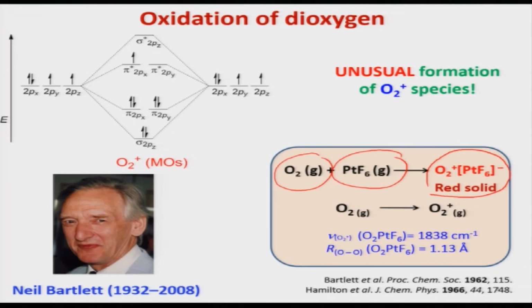The bond order increases, it is dioxygen oxidation. And this has been very clear. The presence of O2 plus is confirmed with the stretching frequency of 1838 centimeter inverse. The distance is 1.13 angstrom. So, all these characteristic features confirm the presence of O2 plus in this molecule.